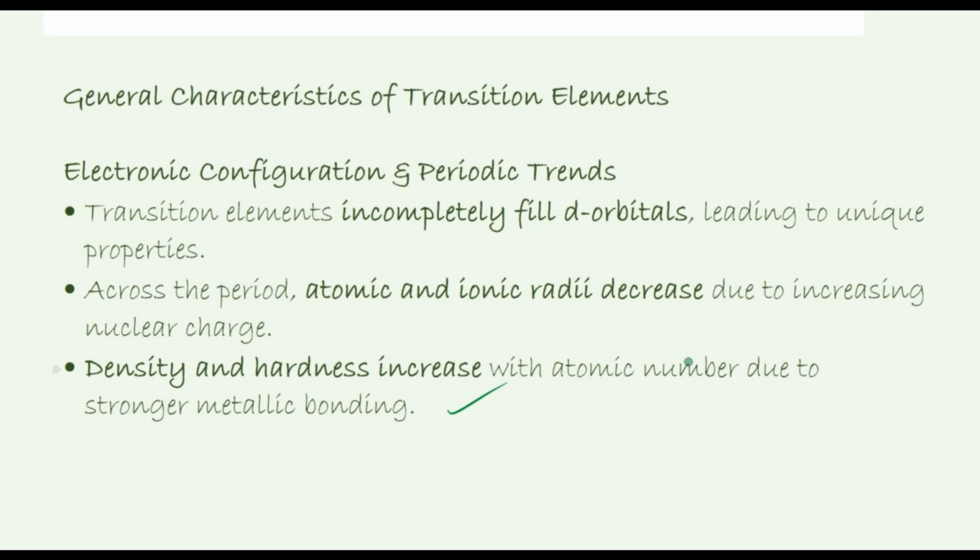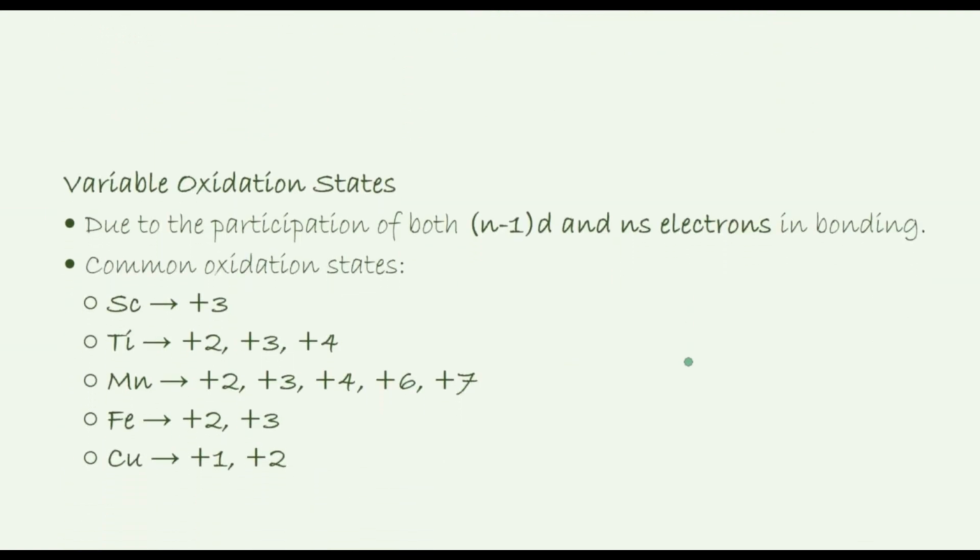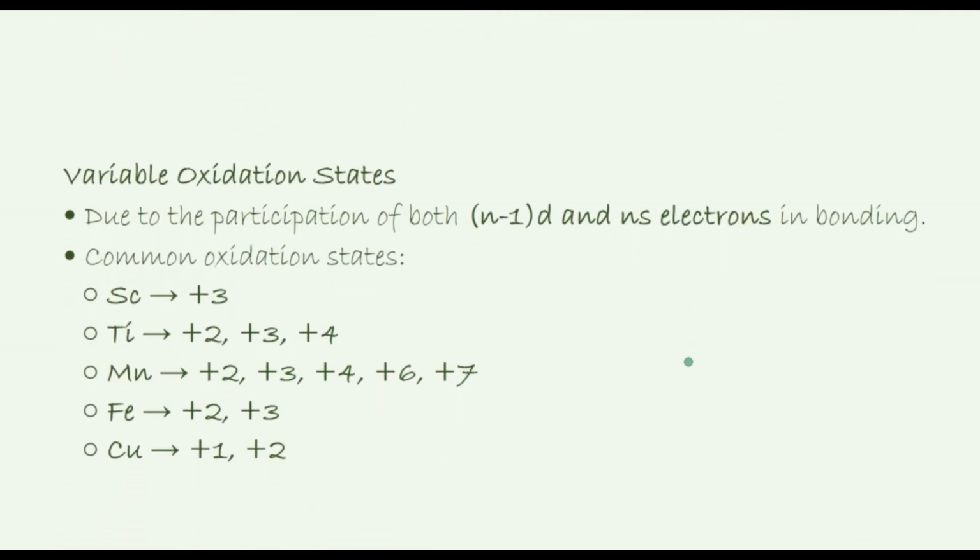Talking about oxidation states, they exhibit various oxidation states because both the (n-1)d as well as the ns electrons participate in bonding. They act as a valence shell. For example, scandium has a stable oxidation state of +3.